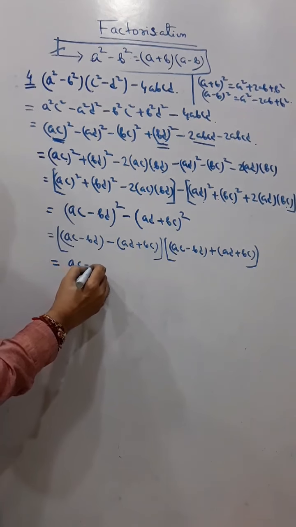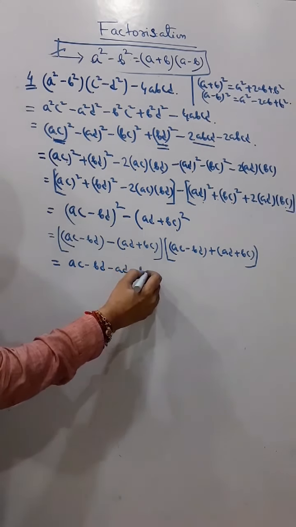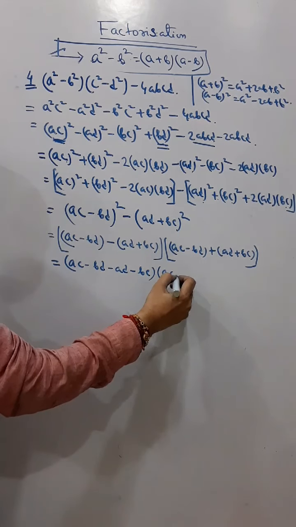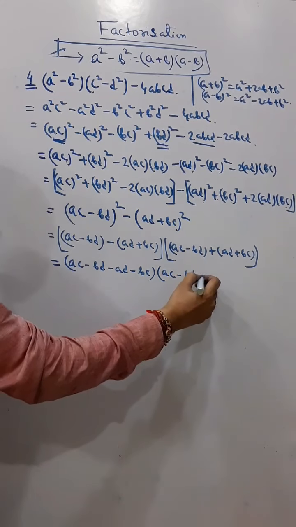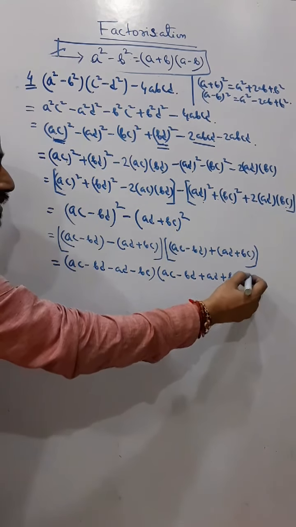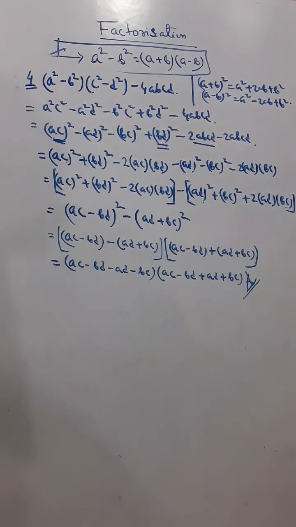I get AC minus BD minus AD minus BC. And this one I got AC minus BD plus AD plus BC, and that is the answer. Understand?